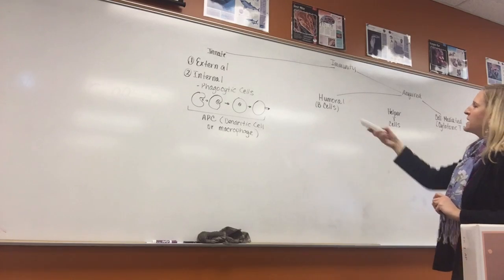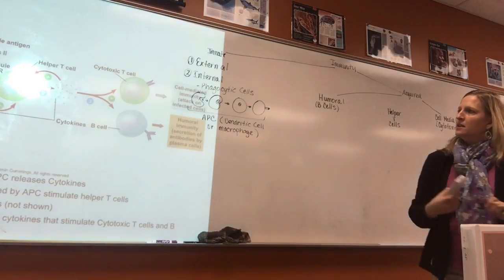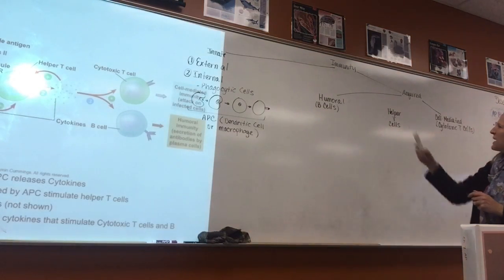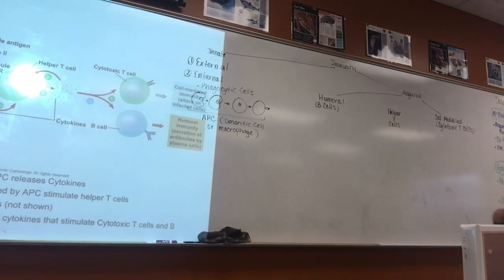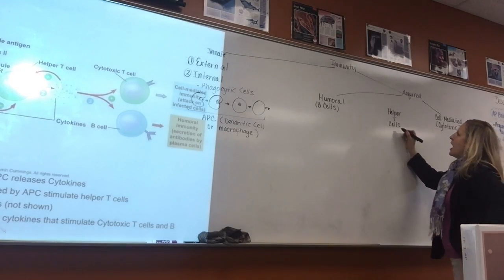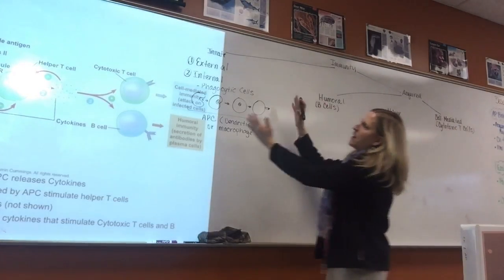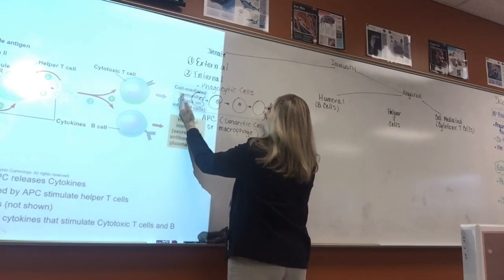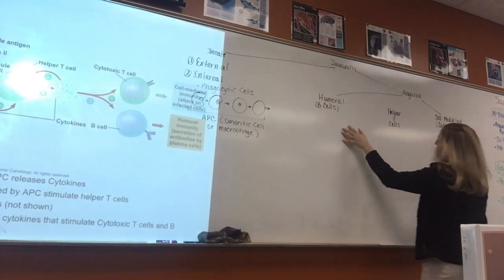So let's do B cells first. So actually, let's talk about helper T cells first and then how they stimulate B cells. Helper T cells. This is how this part here that we just talked about with innate immunity relates to acquired immunity.